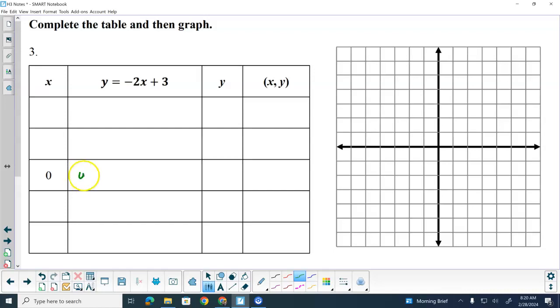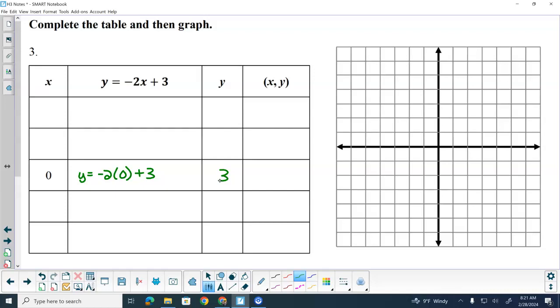So then this is going to be y equals negative 2 times 0 plus 3. So my y value here is going to be 3, because negative 2 times 0 is 0, plus 3 is 3.